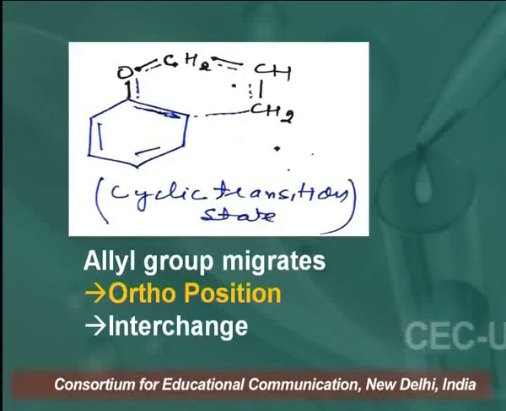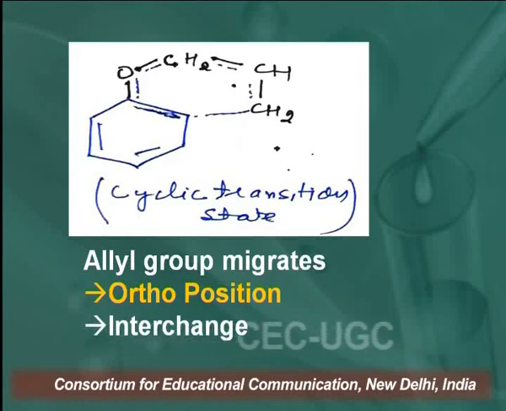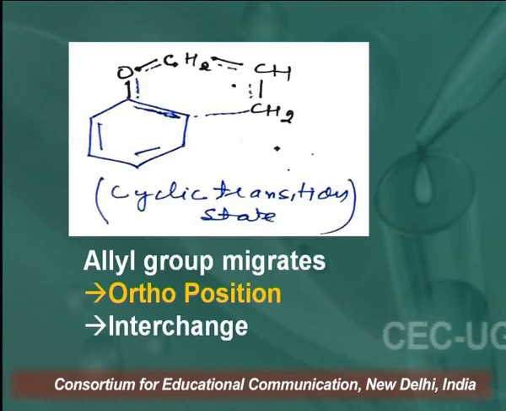In the diagram we can see how the inversion takes place, how the marked carbon is attached at the ortho position. Here this is a cyclic transition state. The allyl group migrates, and interchange of the groups or carbon atoms takes place at the ortho position.